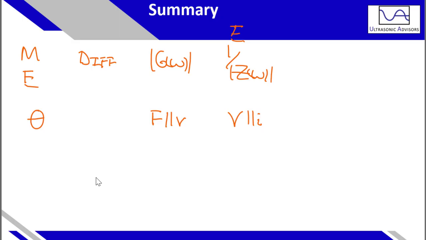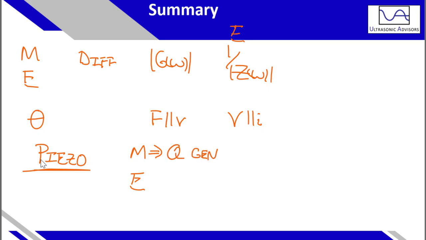In the next part of the video, we're going to describe piezoelectric resonance. The piezoelectric resonance combines the mechanical and electrical systems because the resonance behavior is largely due to mechanical oscillation, which then drives charge generation. But that charge generation, due to a piezo being a capacitor, then translates that behavior into voltage and current.